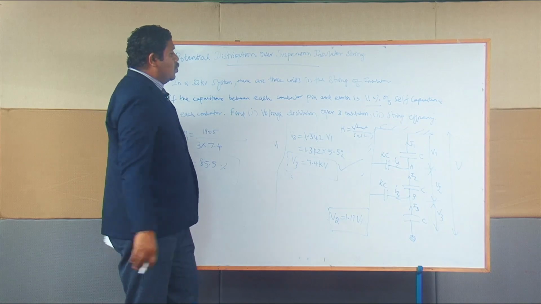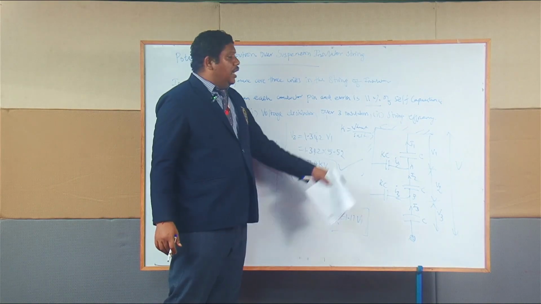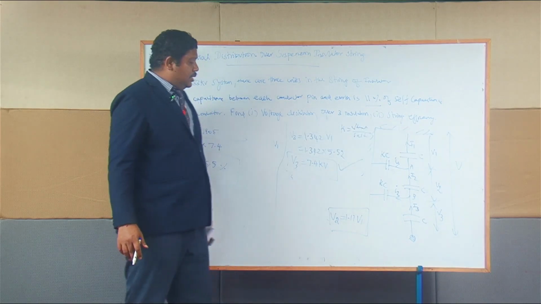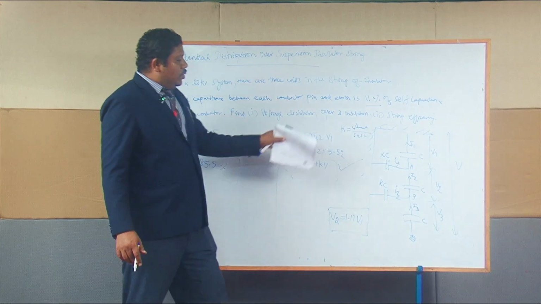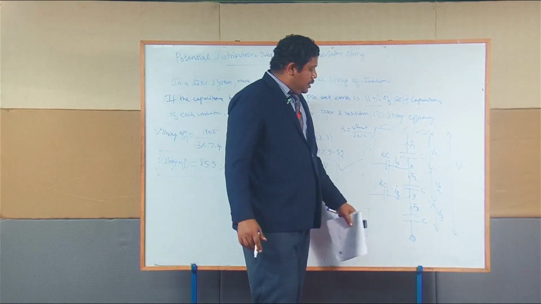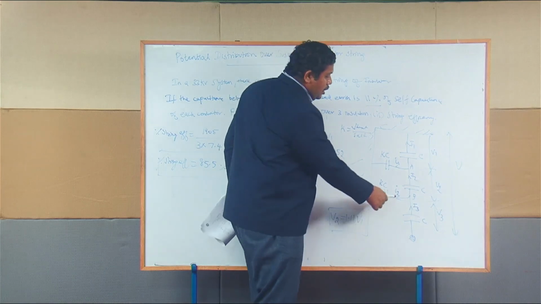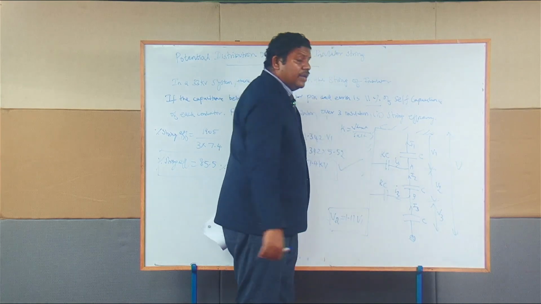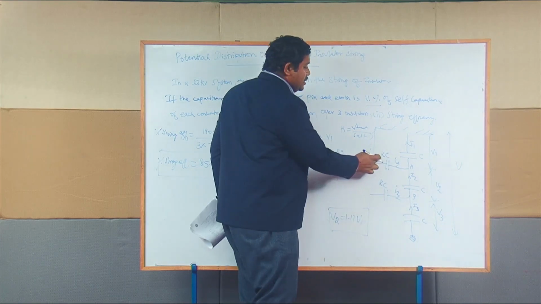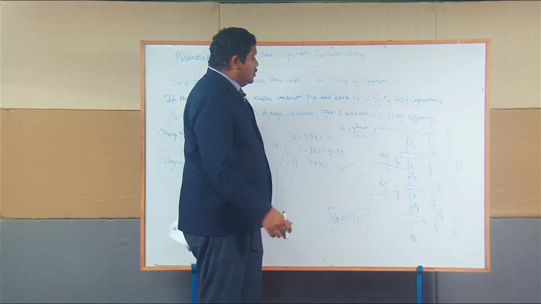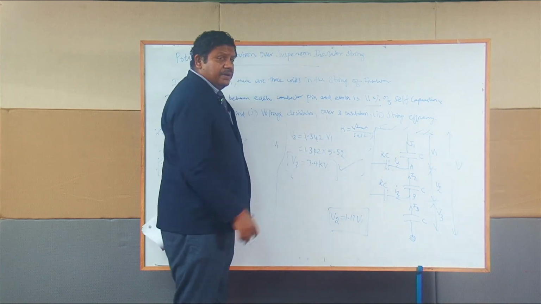The requirement is the voltage distribution across 3 strings and finally the string efficiency. So we went with the string diagram and marked the voltage across each string V1, V2, V3, and assumed the self capacitance value as C and shunt capacitance as K into C. The K value is given in the problem as 11%.